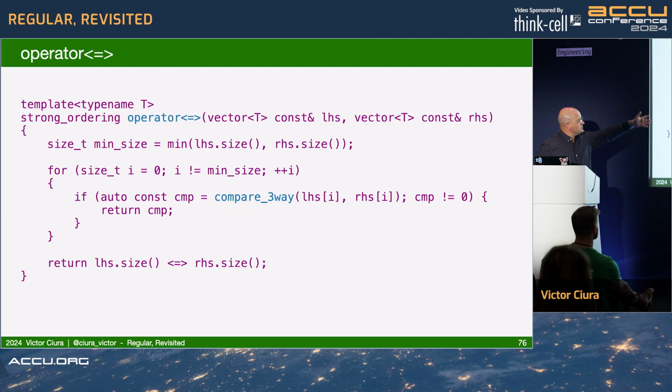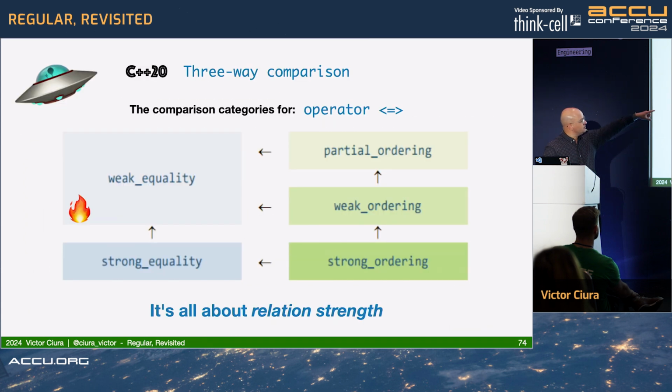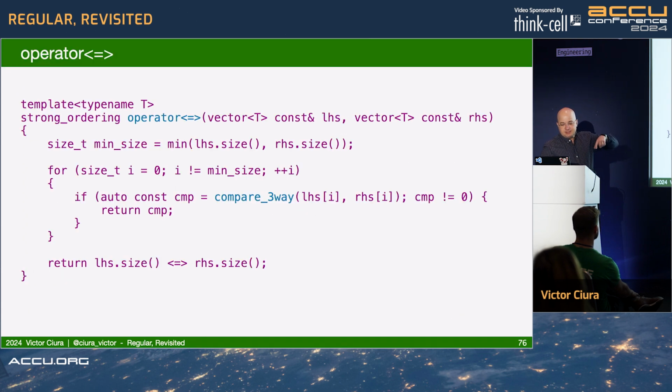Looking at this code, just assuming that the compare three-way function does the right thing and returns one of those types that I've shown here, it looks like it's doing the right thing. The thing that is missing here is that it's doing extra work. And can anyone figure out what's wrong here?